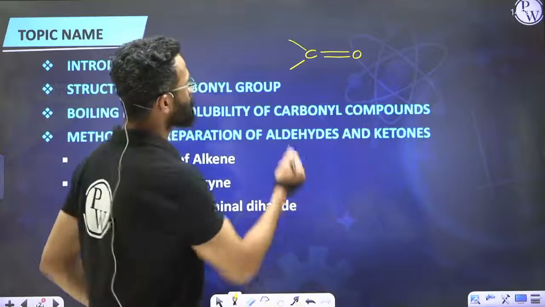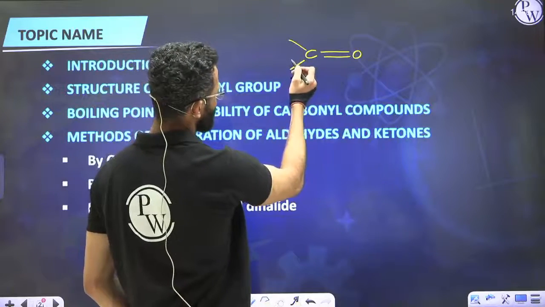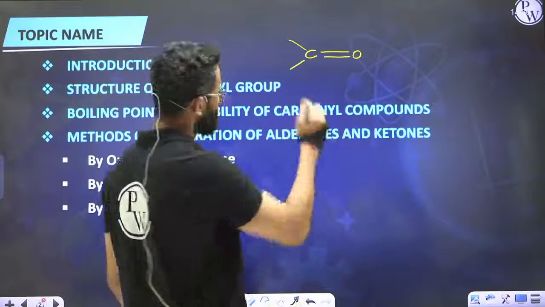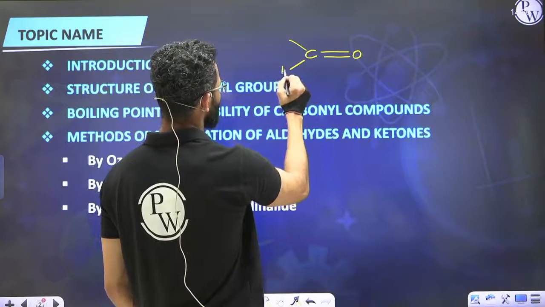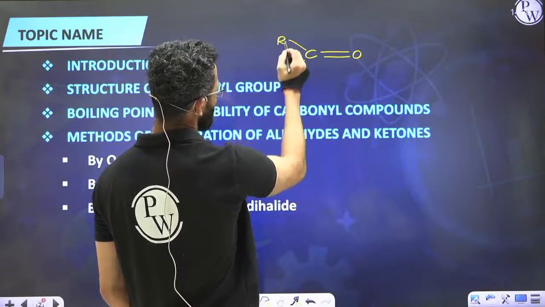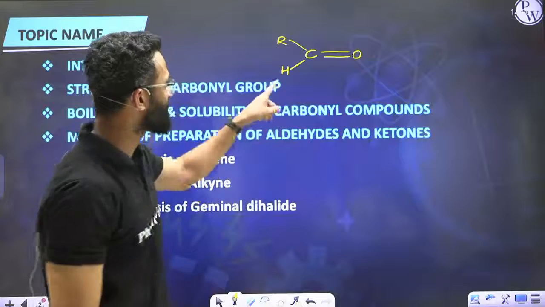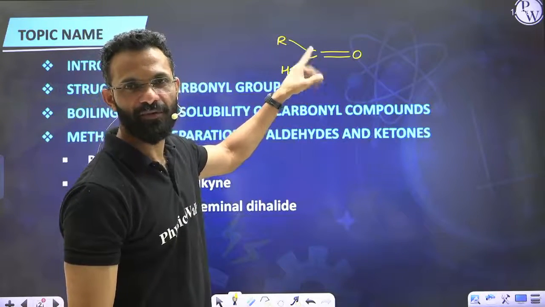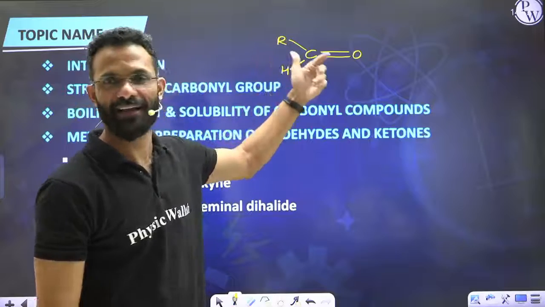Now the remaining two valencies, suppose I fulfill them with at least one hydrogen atom, so let's say one of the valencies I'm satisfying by hydrogen, the other could be hydrogen or could be alkyl as well. But if you find at least one hydrogen atom connected to this carbonyl carbon atom, you call such a compound an aldehyde.